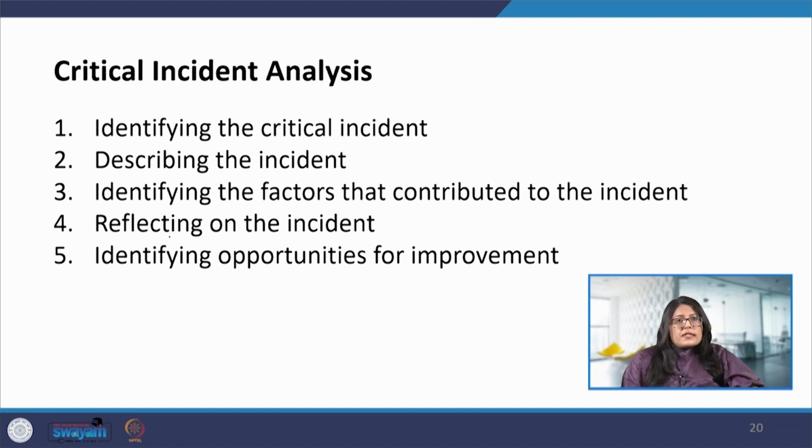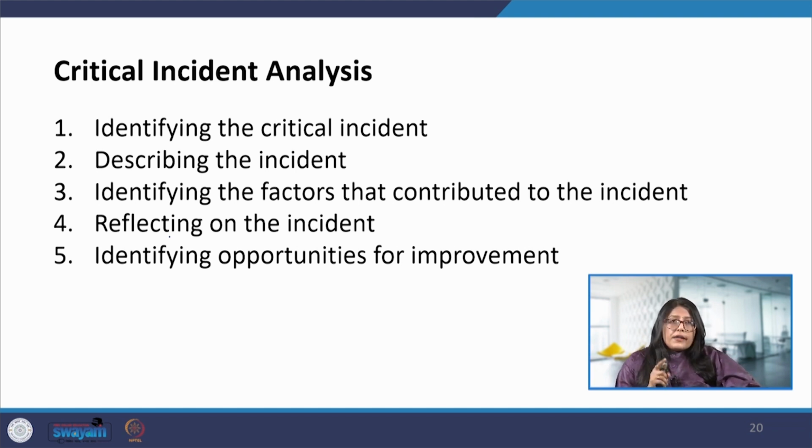This step involves identifying opportunities for improvement in the way that similar incidents are managed in the future in a better manner. This may involve changes in policies or procedures, or maybe training programs can be developed, depending on the problem that we are working at.